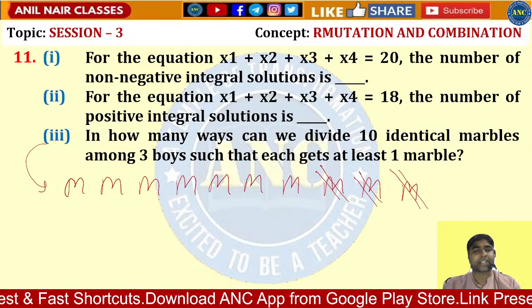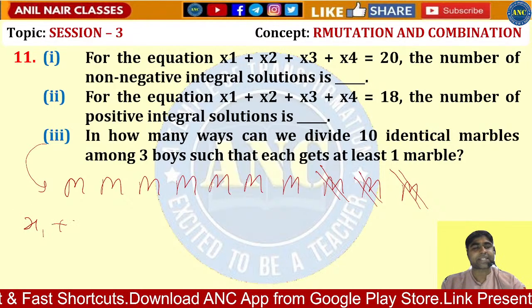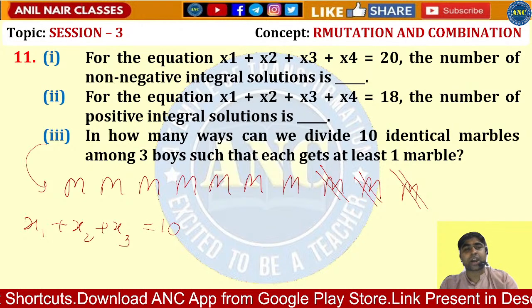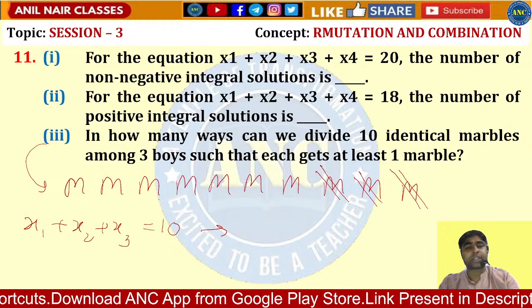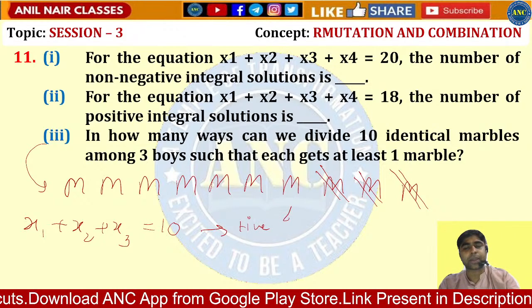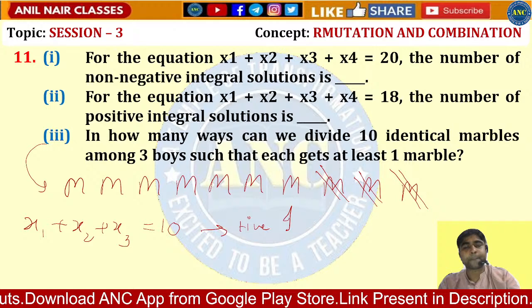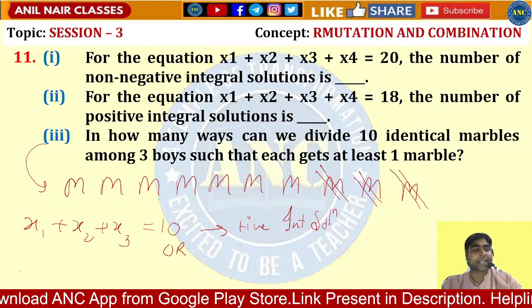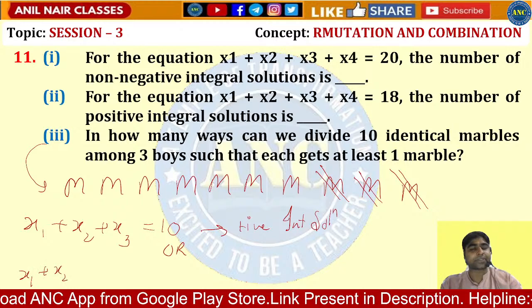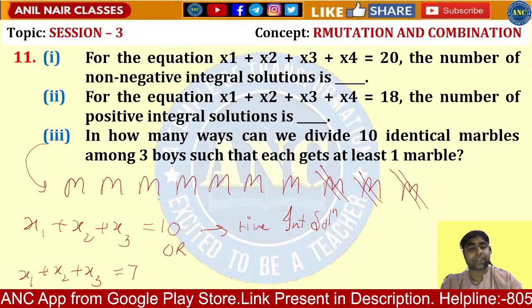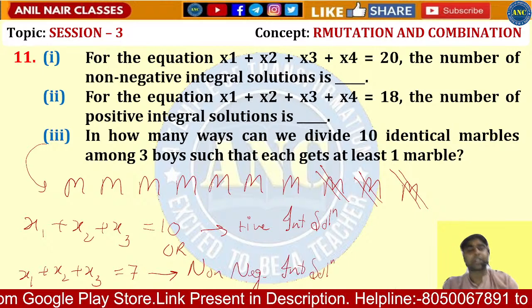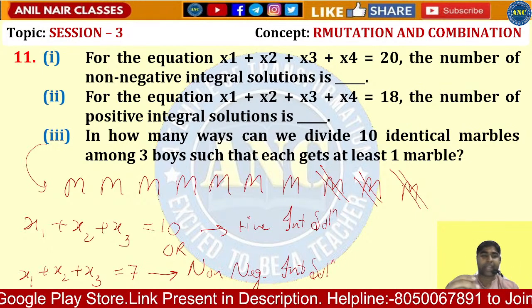So this question is actually nothing but x1 plus x2 plus x3 equals 10, find the positive integral solutions, or x1 plus x2 plus x3 equals 7, find the non-negative integral solutions. You can take this question as either of these 2.